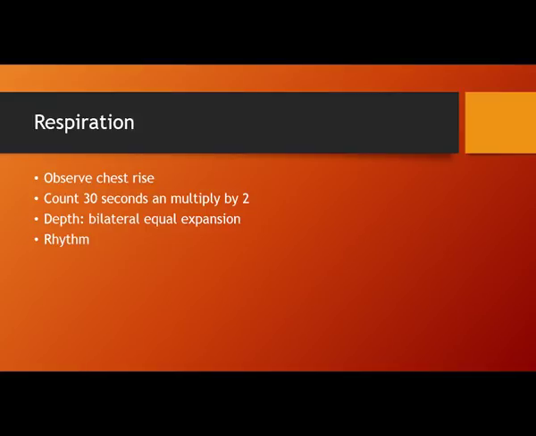But that wouldn't work too well with a conscious patient because they're going to modify their breathing if they know you're watching them. If the respiration is regular, you can go for 30 seconds and multiply by 2. But if it's irregular, then you'd have to go for a full minute.